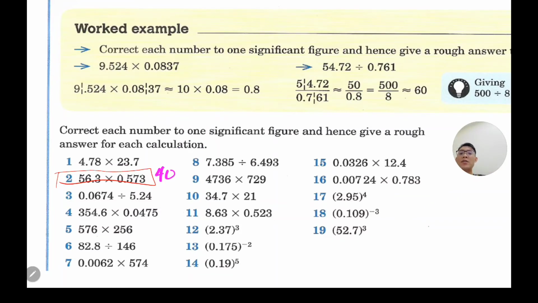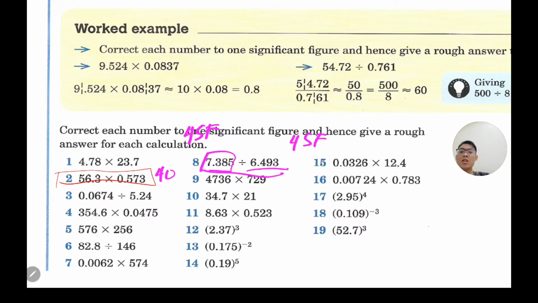Okay, next let's try to answer number 8. Number 8, the first given here is 7.385. 7.385 has 4 significant figures, and this one has 4 SF as well. So you have to transform it into one significant figure according to the given.